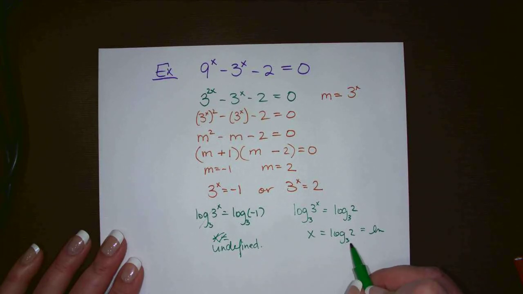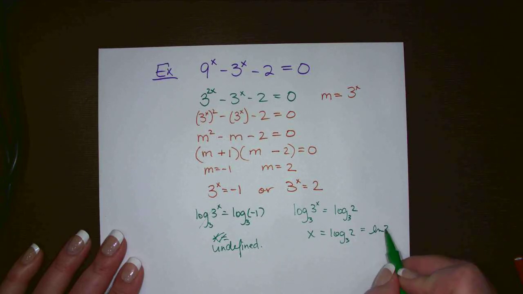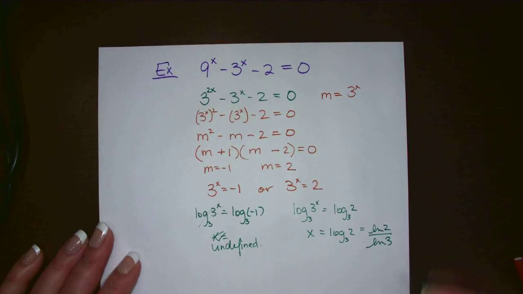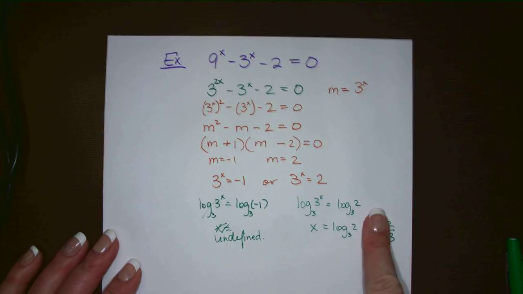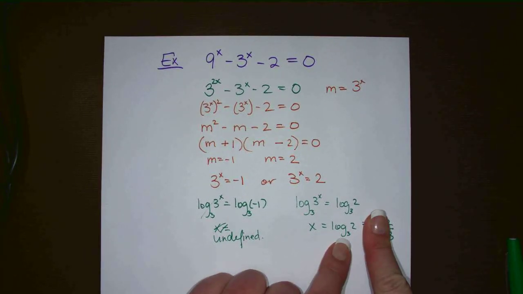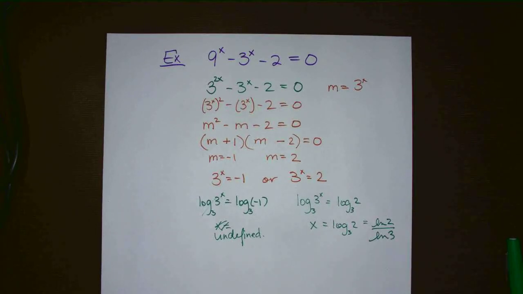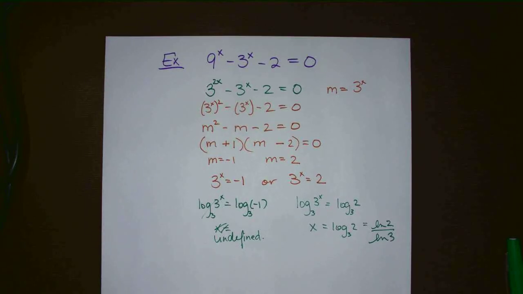Ln of 2 over ln of 3, the top number over the bottom. Ln of 2 divided by ln of 3 would give you the number. You don't need to write it like this; I'll accept log base 3 of 2 as an answer, because it is an answer. Okay? And that would be it. We don't need to check it, because the original question didn't have logs in it. Okay, so now you can do section 3.1 and 3.2.